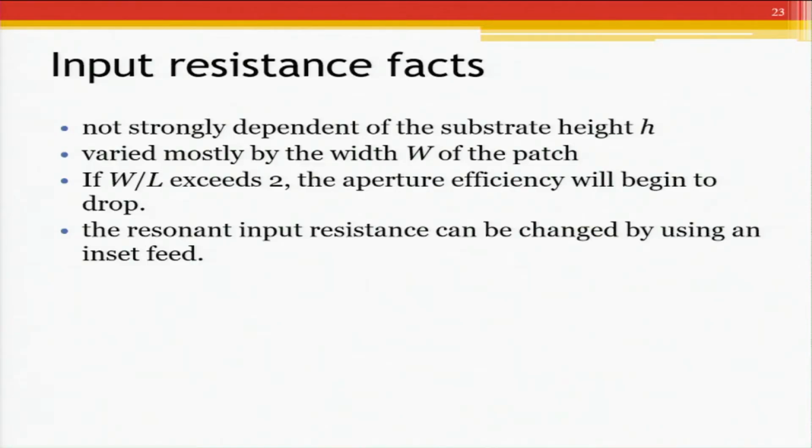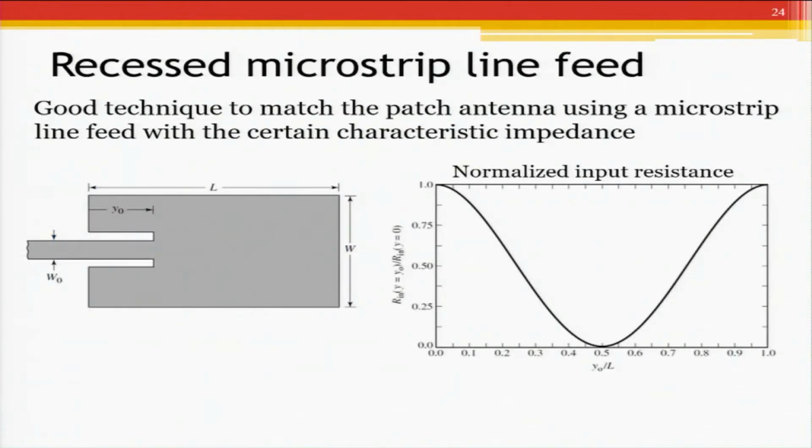So if W over L exceeds 2, the aperture efficiency will begin to drop. And another one is, like I said, if you want to match it with the feed line, we can do it by using the inset feed and setting this inset position. So here is how we set the inset position.